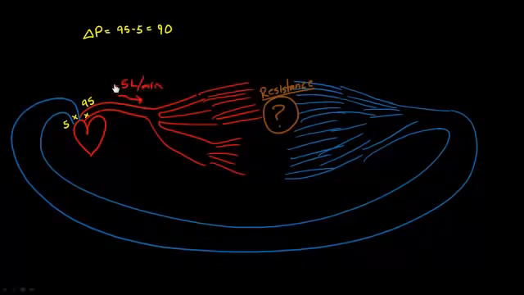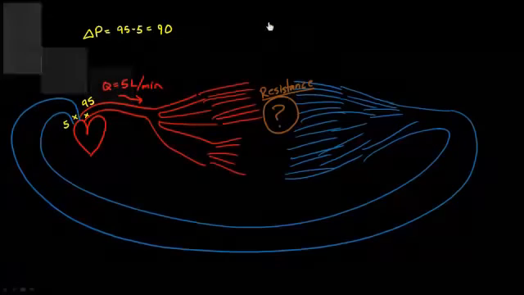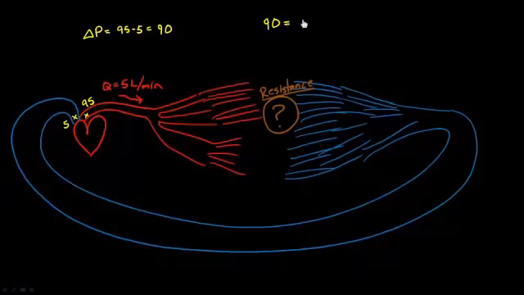And that was my Q. Actually, let me take a step back. Instead of 90, let me write the units. 90 millimeters of mercury, and 5 liters per minute. That was my flow. That's my Q.